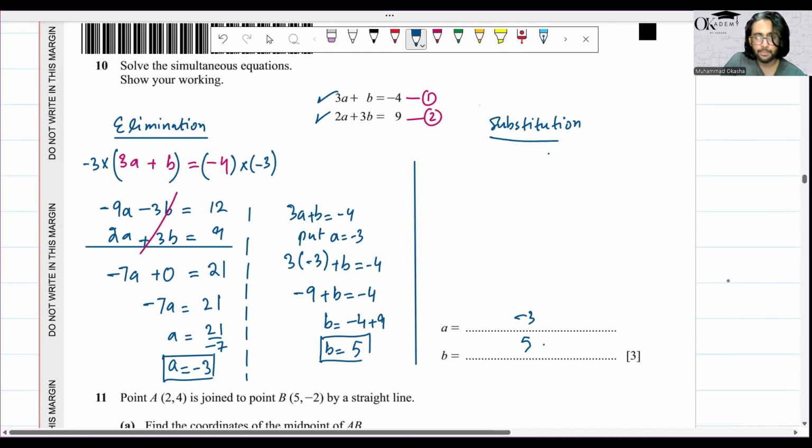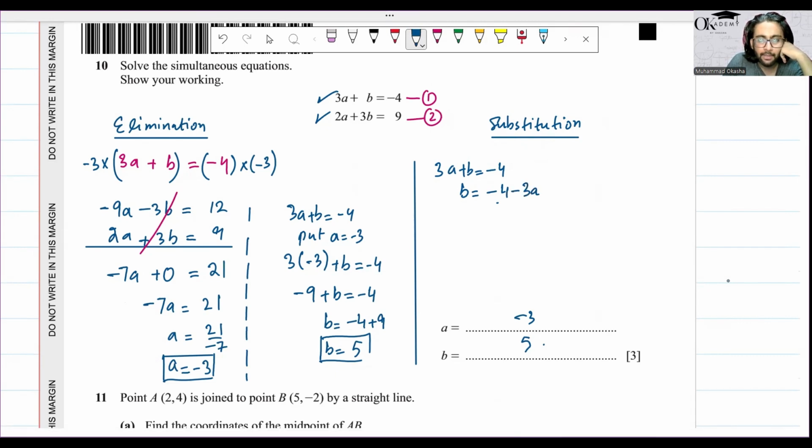So in substitution, what we do is we pick a variable and we isolate it. So I'll pick the first equation, 3a plus b equals negative 4. I will isolate b. So if I isolate b, this is going to become negative 4 minus 3a, right?